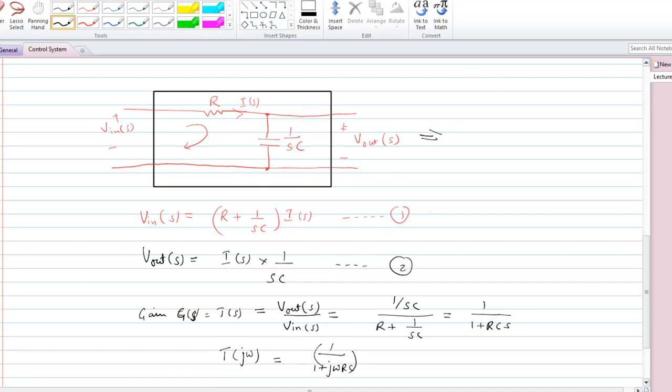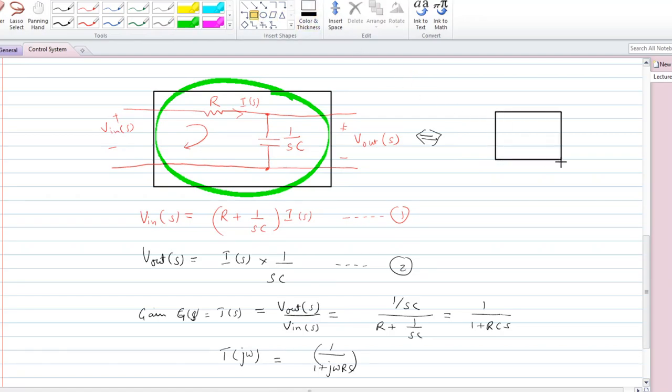So we can represent this system with this block like this, such that it has an input V in(s), and this is here T(s), and we can control our output V out(s).